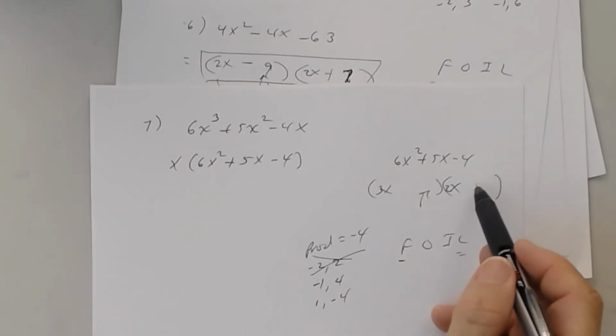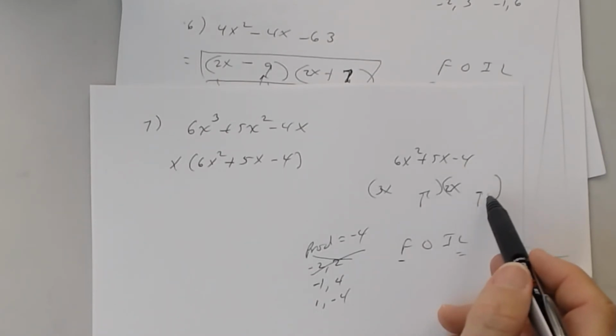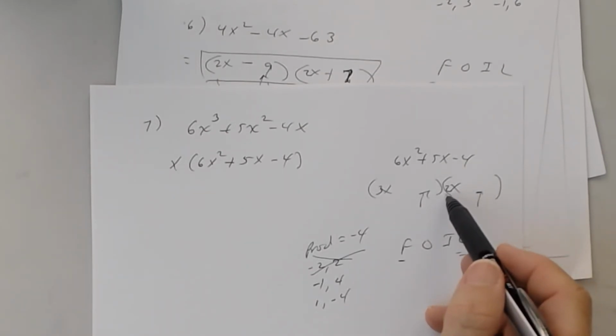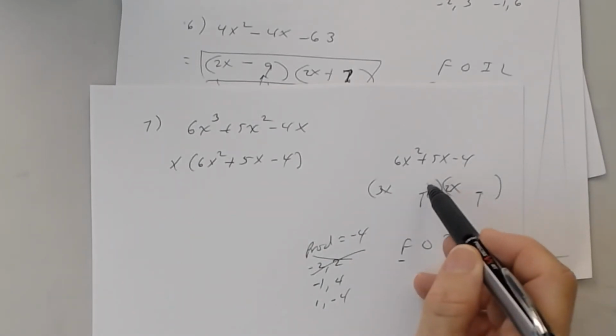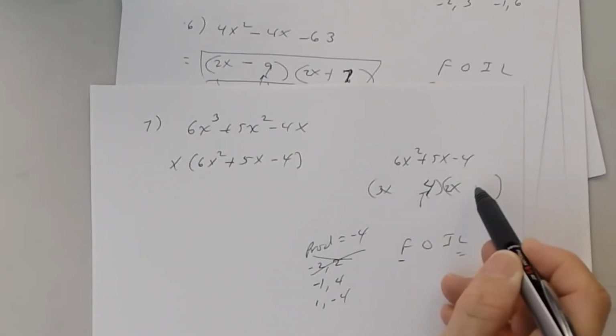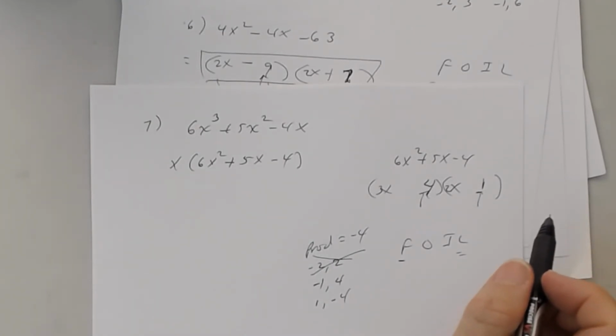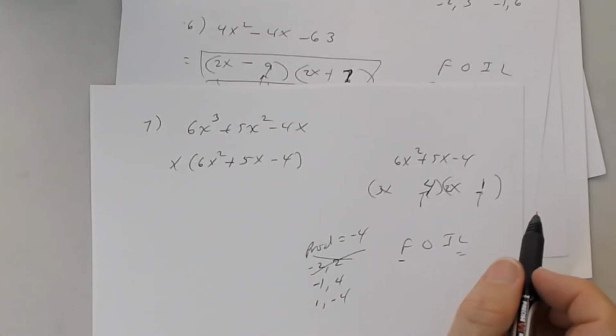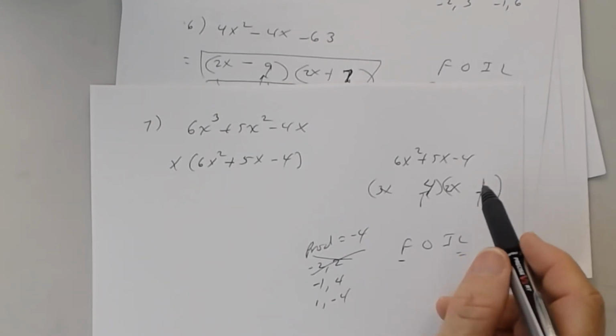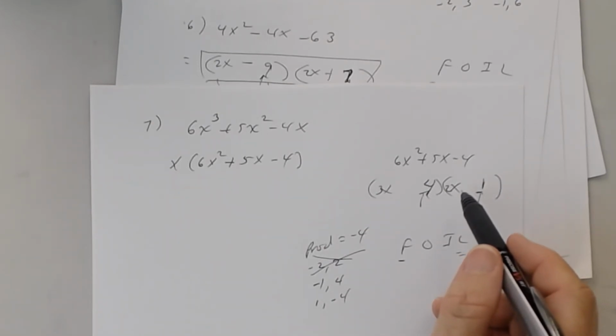I cannot put the 4 here, because then I could factor out a what? A 2. So that means I got to put the 4 where? With the 3 and the 1 with the 2x. Notice I didn't put the signs in, but I do know that the signs have to be different, right?